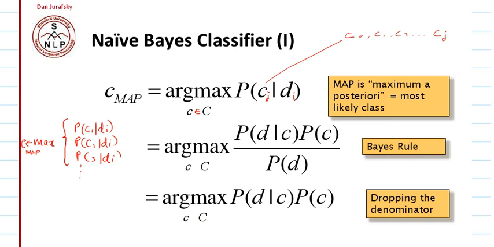Now p of cj given di can be expanded using the Bayes theorem, that is equal to p of d given c multiplied by p of c divided by p of d, right? This part is the likelihood, and this part is the prior.